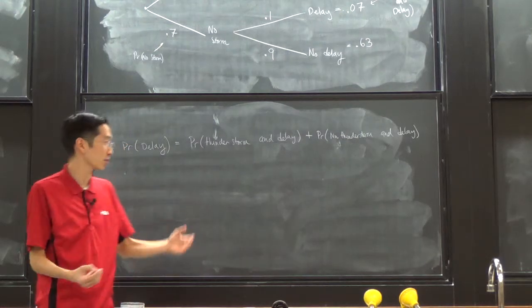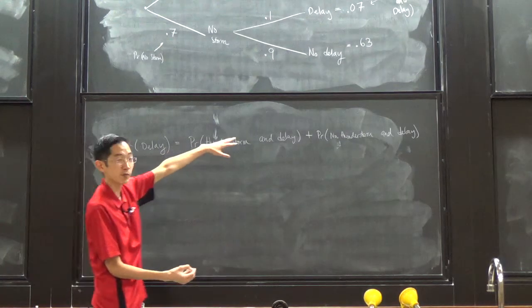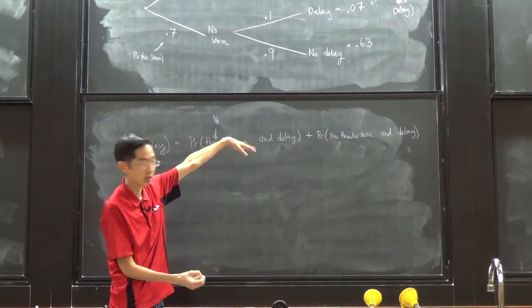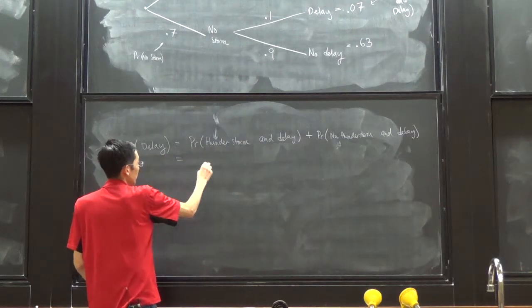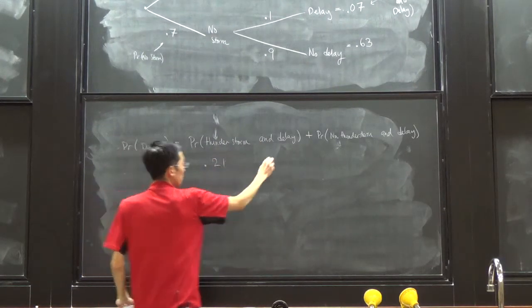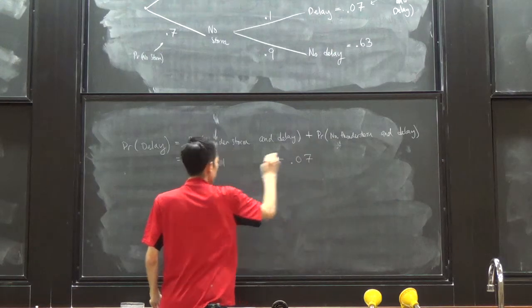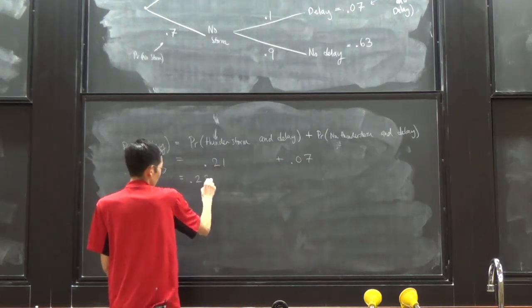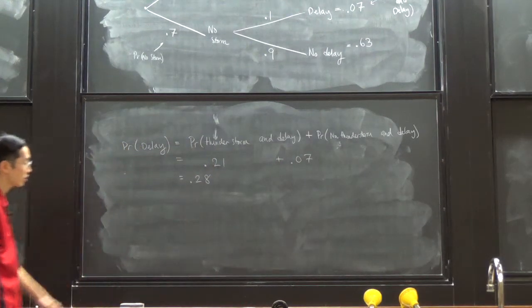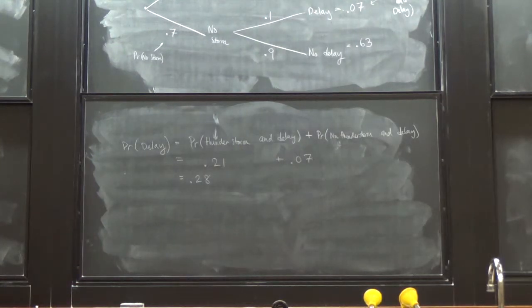So because of that, there's no overlap for us to subtract. So I just add these two together, 0.21 plus 0.07. The overall probability of the delay is 0.28. Is that okay?